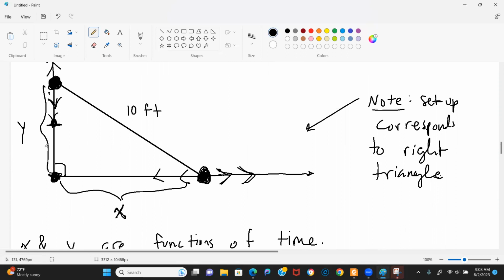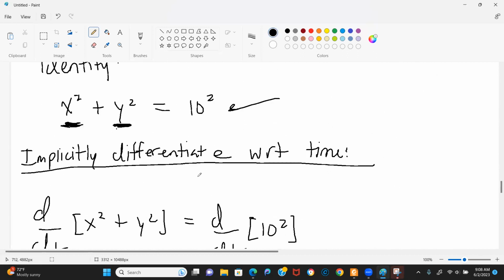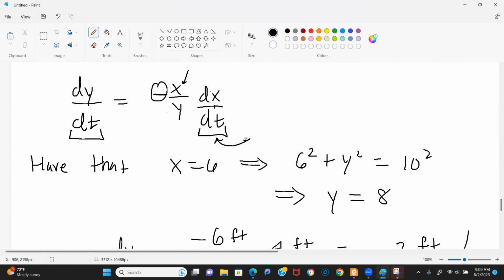That means that this side length y is increasing. We're adding more feet to that length every second because we're sliding this point up closer against this point. So dx dt will be negative. This term will be negative, and it will cancel with this negative to give dy dt positive. This shows that this is the right formula, and it's consistent with the physical setup.